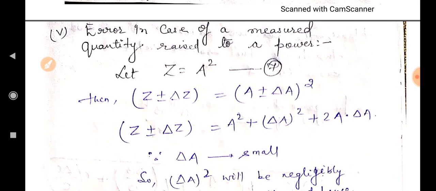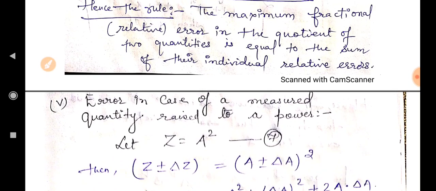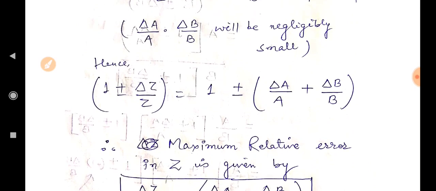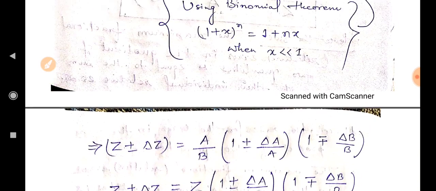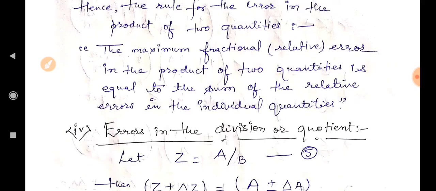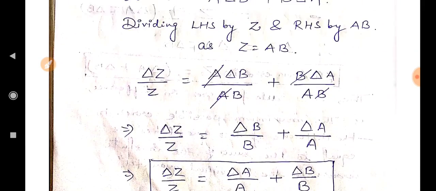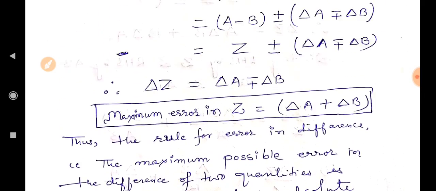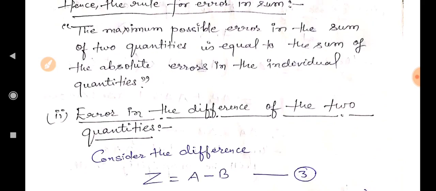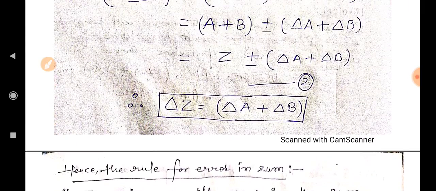You have to possess better concepts on these combinations of errors to find the maximum errors in your experiments and during the measurement of any physical quantity. So dear students, this was our topic, propagation of errors, through which we can evaluate the maximum errors in the measurement of some physical quantities.